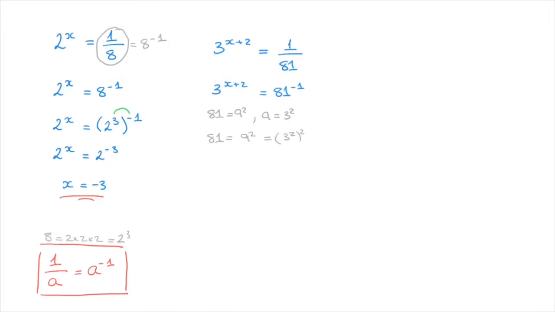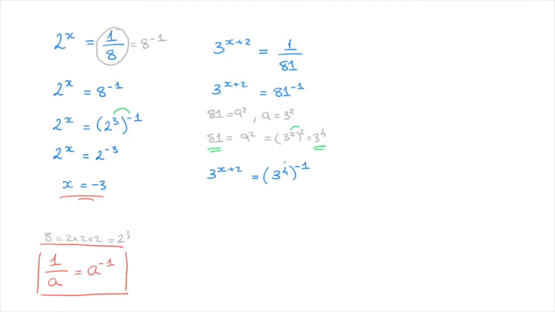And 3 squared, squared becomes 3 to the power of 2 times 2, which is 3 to the power of 4. Using the fact that 81 equals 3 to the power of 4, we can rewrite our equation as 3 to the power of x plus 2 equals 3 to the power of 4, all of which is raised to the power of negative 1.